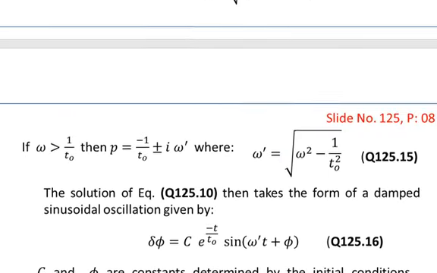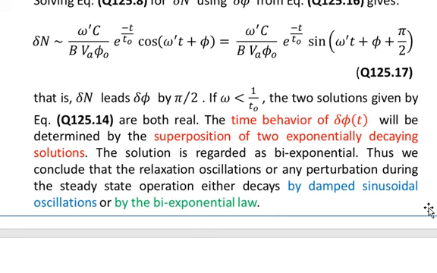That is, P will have two values which are real. The time behavior of delta phi of t will then be determined by the superposition of two exponentially decaying solutions.